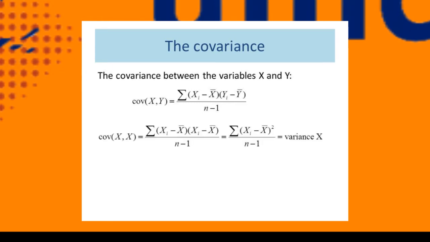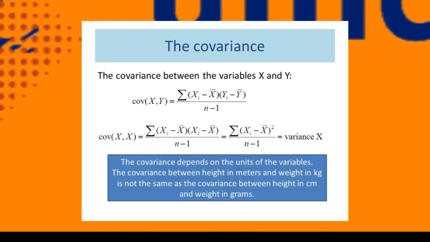If we would calculate the covariance of the variable x with itself, so fill in x again for y, we see that the formula of the covariance leads to the variance of x. So in fact, the variance is a special case of the covariance.